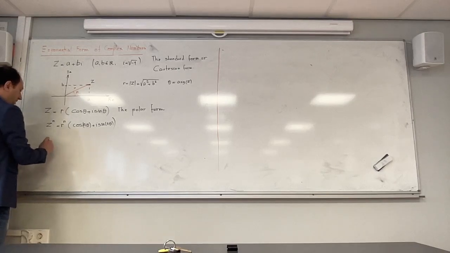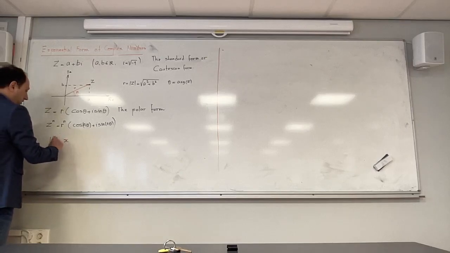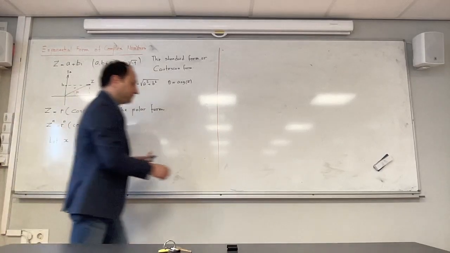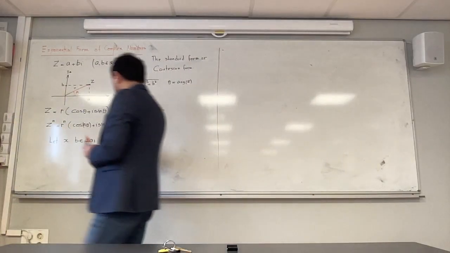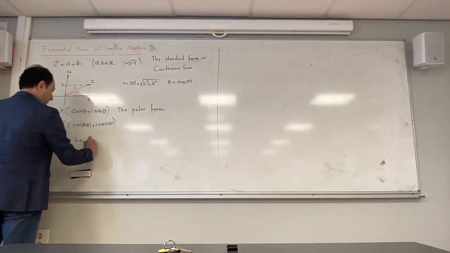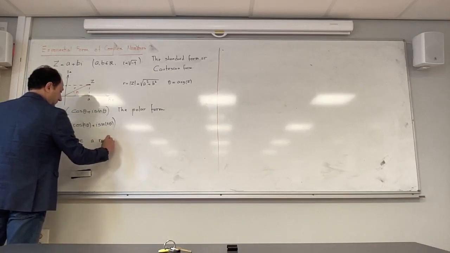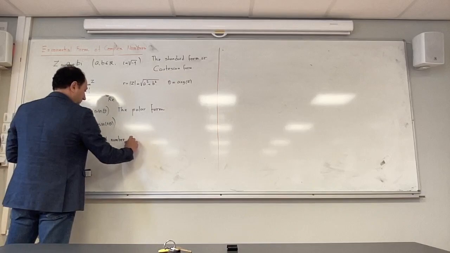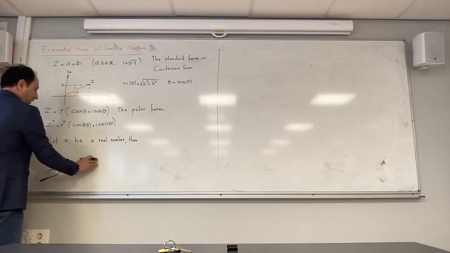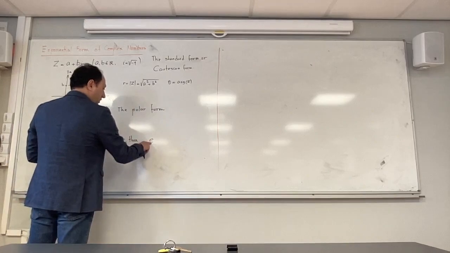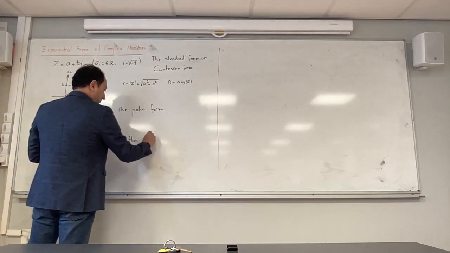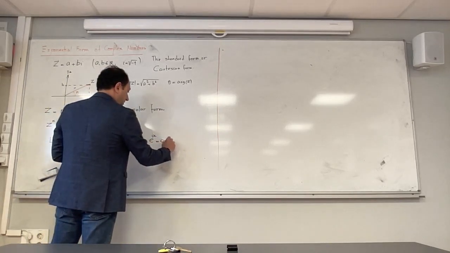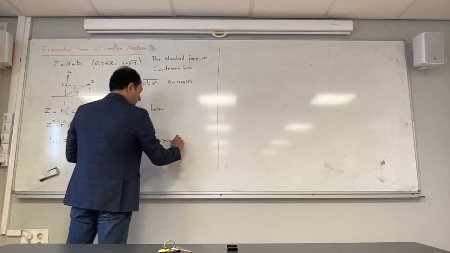So let x be a real number, then e to the power ix, where e is the Euler number, equals cosine of x plus i sine of x.